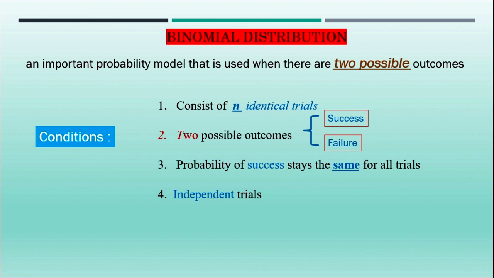You can have many trials, like 20 students. The graduation rate, which we consider graduate as a success, is the same for all the students, and all the student graduations are independent. Also, acceptance is similar, and will be binomially distributed.